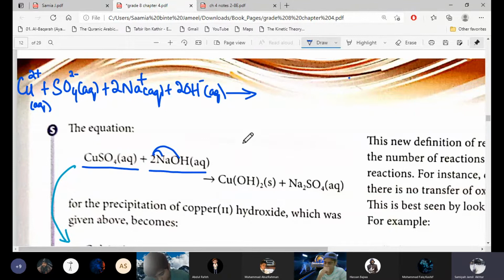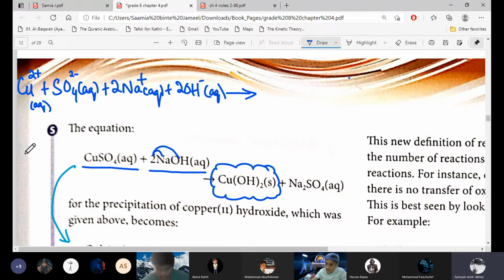Now let's see the products. This copper hydroxide is in the solid form, so will it split or not? No, ma'am. Yeah, it will not split because the ionic compound is very strong. The force of attraction between the positive and negative ions is so strong that it will not split.